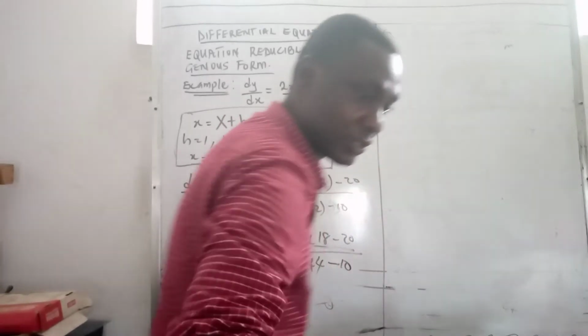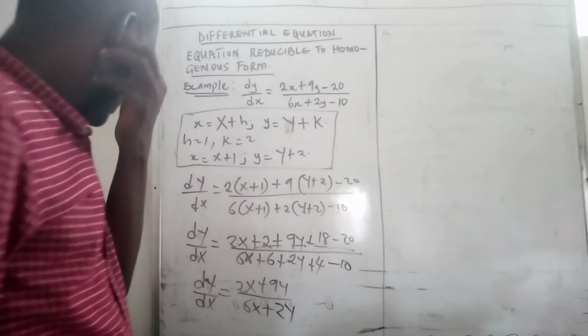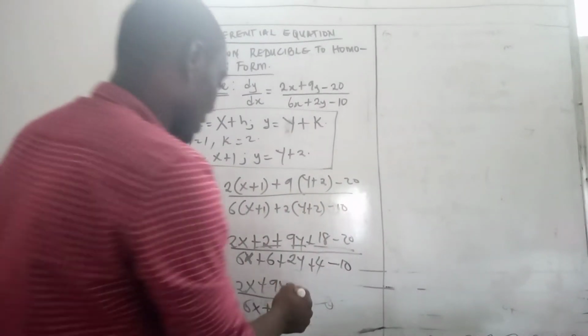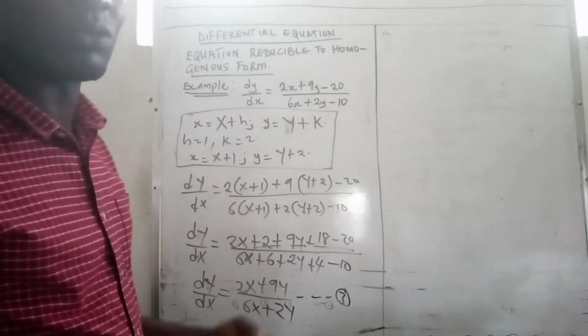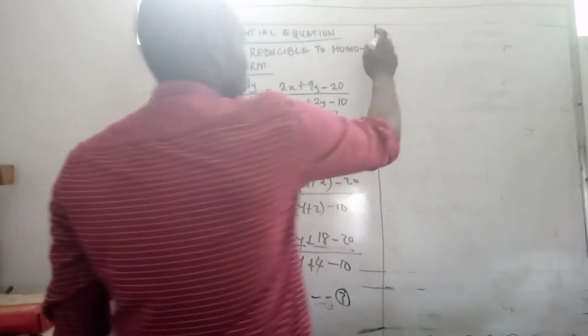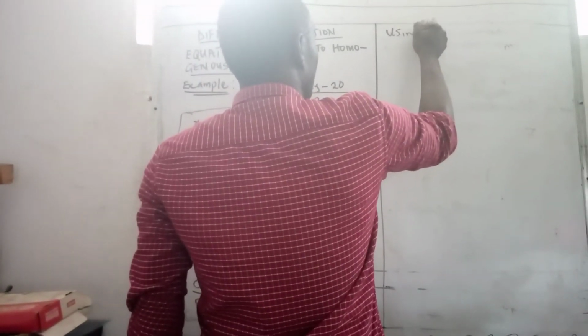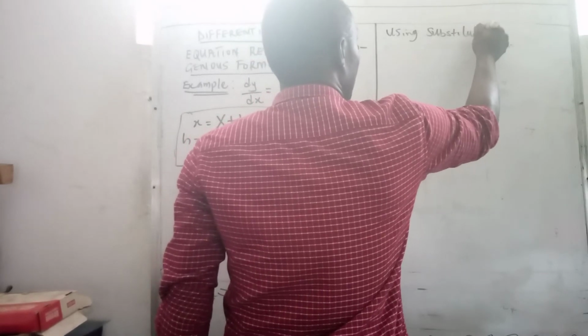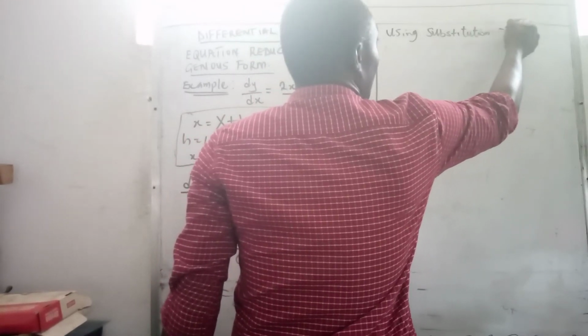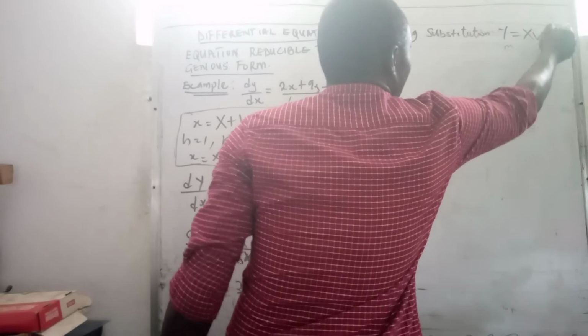Now we are going to have this. So let me call this equation 3 if you wish to. So now we are going to use the substitution. So using the substitution, y equals xv.